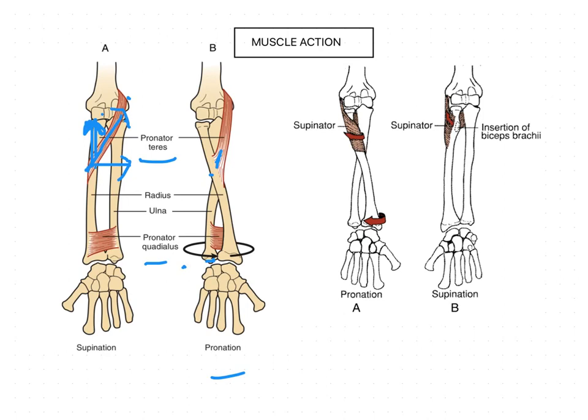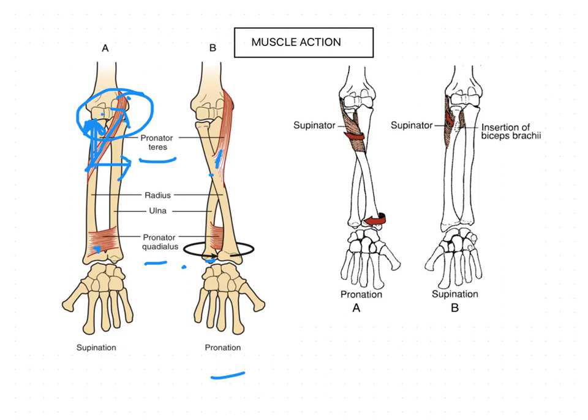Okay, now coming to the pronator quadratus. This pronator quadratus is a one joint muscle. That means it is not crossing two joints. It is crossing only one joint, and it is also not affected by changes in the position of the elbow joint. Okay, and this pronator quadratus is active in both unresisted as well as resisted pronation, in slow as well as fast movements of pronation.